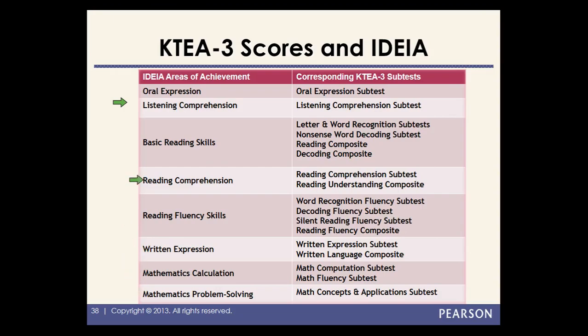For oral expression, listening comprehension, and math problem solving, we have one-to-one correspondence. So there's one subtest on the KTEA-3 that corresponds to each of those areas. But if you look down here, basic reading, reading comprehension, reading fluency, written expression, and math calculation, we have multiple subtests included on the KTEA-3 that you can use for that analysis.